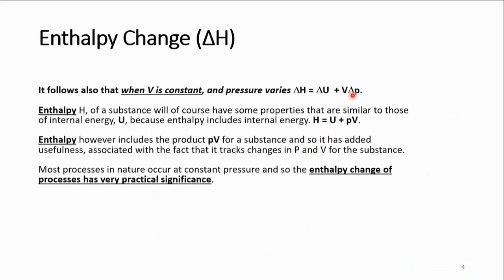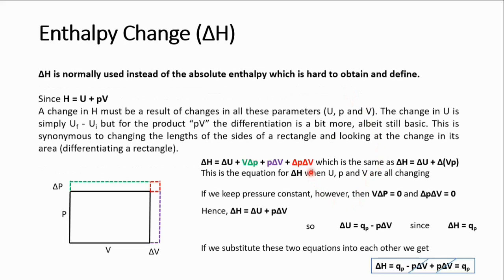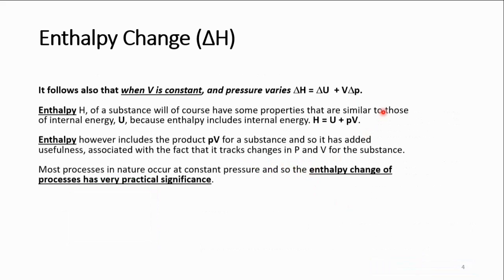Let's say the volume is constant, I should say, sorry. The volume is constant, but the pressure is changing. Let's go back and have a look. Volume constant, pressure is changing, then this part will disappear. And this part will also disappear. That is if the pressure is varying and the volume is constant.